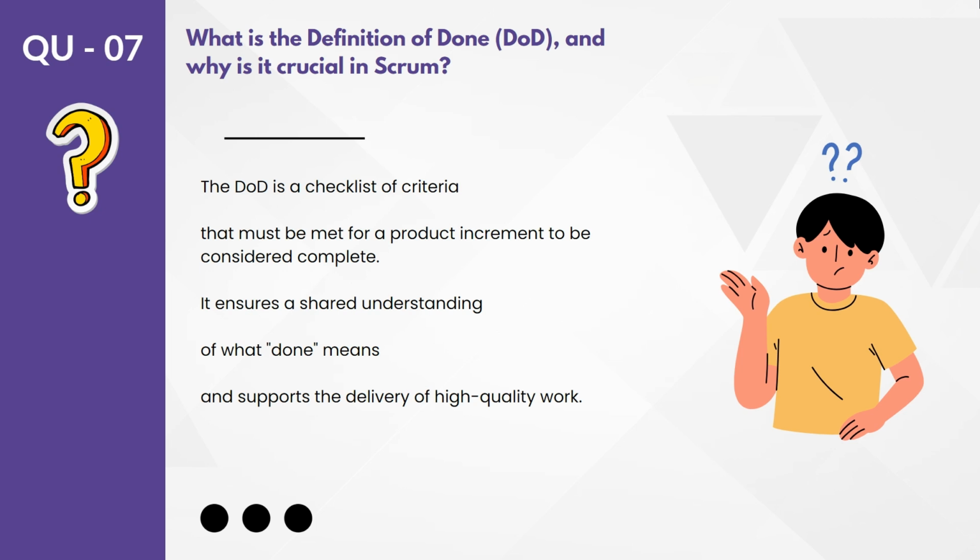Certain points of that checklist can be tested for each story or task you are working upon, and certain points of that checklist will be used to validate the whole increment.